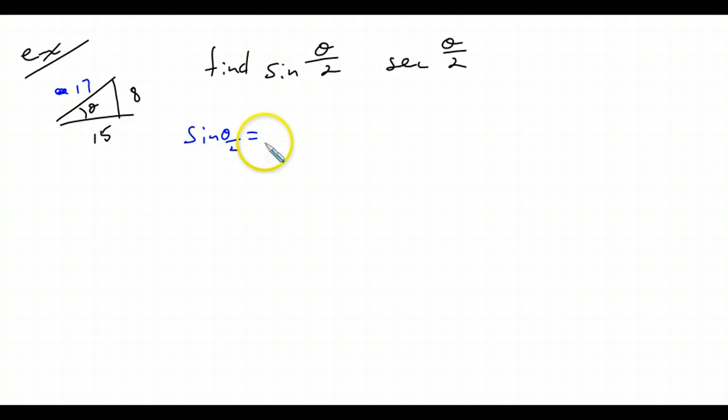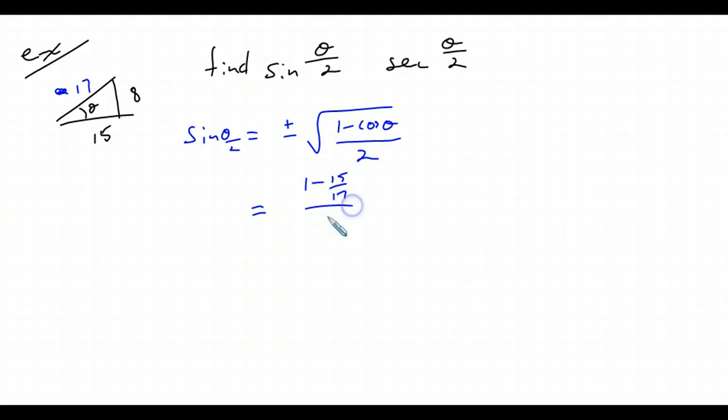Just use your identities. So that is plus or minus the square root of 1 minus cosine of theta over 2. So 1 minus cosine theta is adjacent over hypotenuse, so 1 minus 15 over 17 over 2, square root plus or minus.